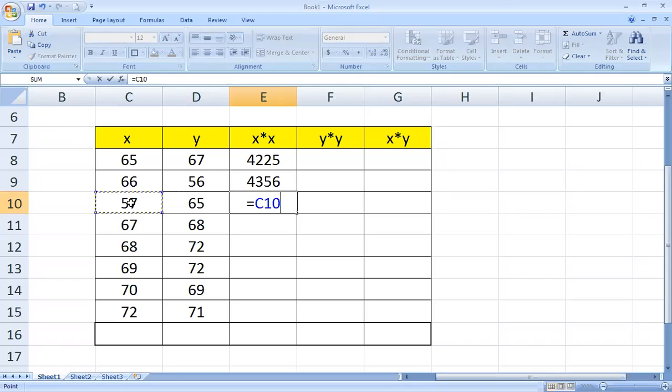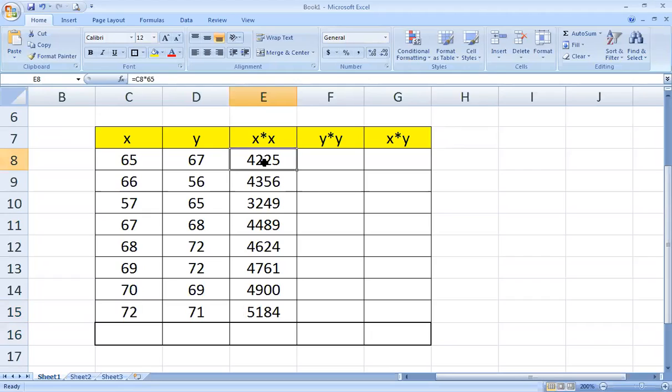So what we are doing is finding x square values. Then 68 into 68, 69 into 69, 70 into 70, then 72 into 72.